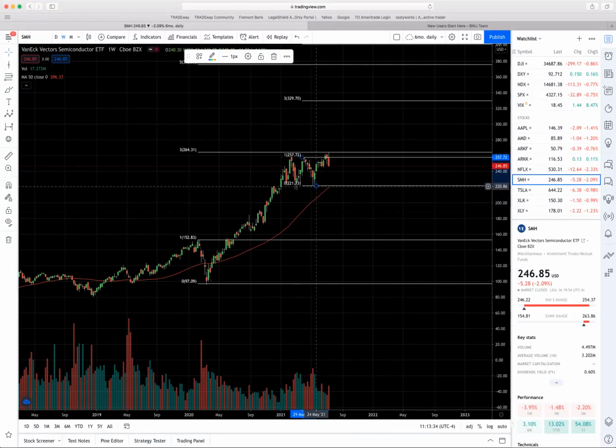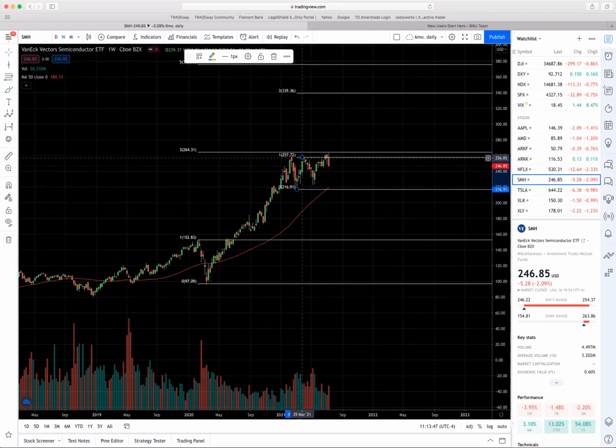Let's use the first one. You're kind of splitting hairs at this point, but you can say, all right, if it's from this pullback, you have 327. If it's from this pullback, you pretty much have 340. So always give yourself some price ranges of targets, right? So I can say 330 to 340.